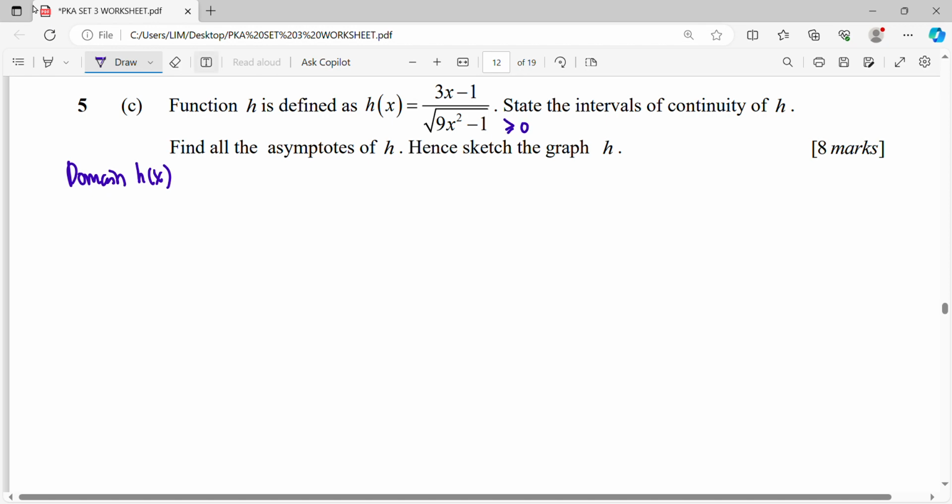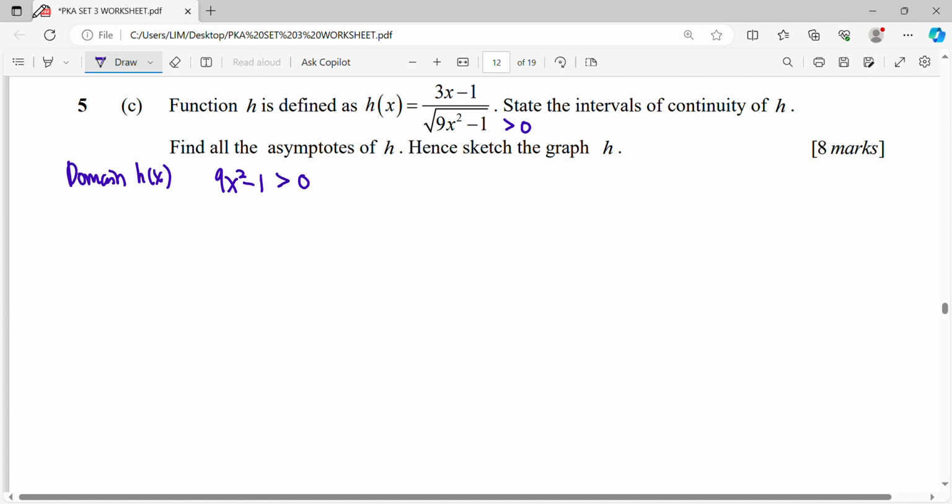But at the same time, this under the surd is at position of denominator. So denominator cannot equal to 0. So therefore, they only can greater than 0. So under the surd, that one 9x squared minus 1 greater than 0.